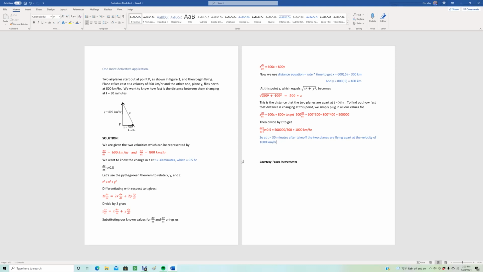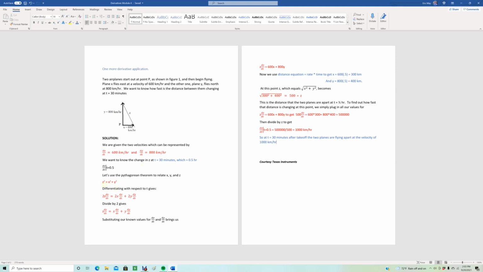That is, how fast are they moving apart from each other? Well, we're given two velocities which can be represented by dx/dt, that's going to equal 600 kilometers per hour, and dy/dt, which is going to equal 800 kilometers per hour. We want to know the change in z at t equals 30 minutes, which equals 0.5 hour. So we can use the Pythagorean theorem to relate x, y, and z.